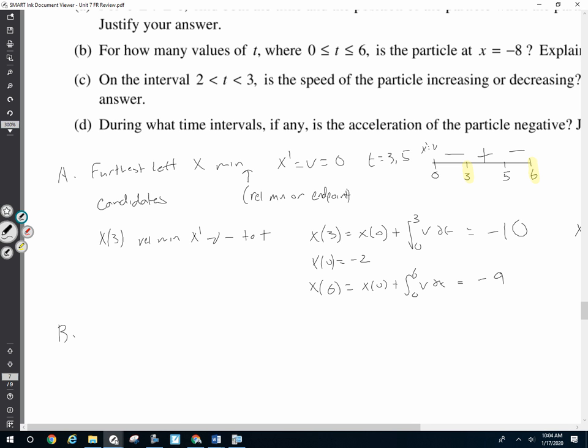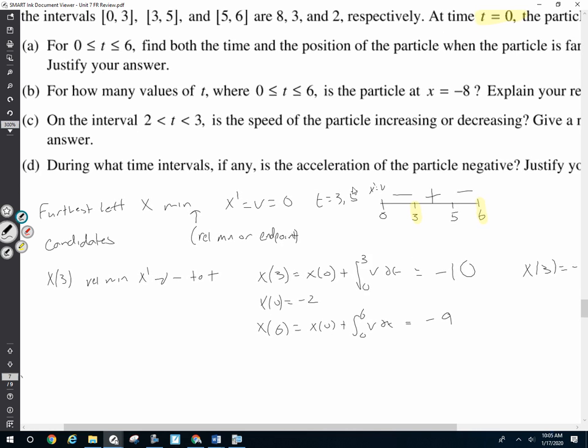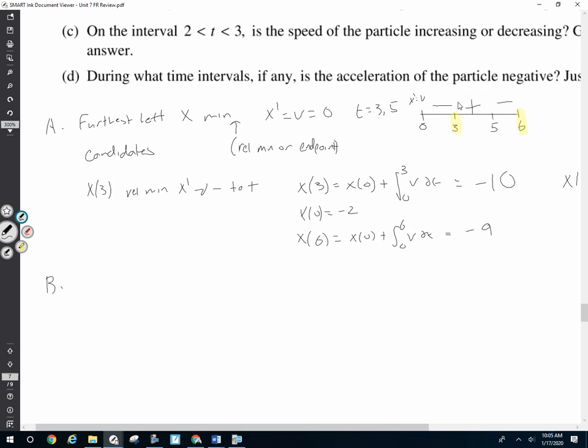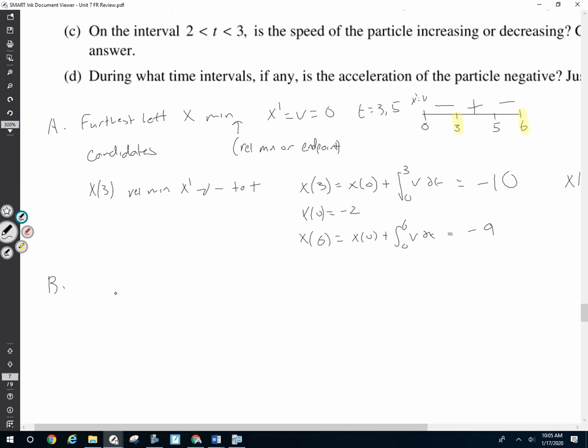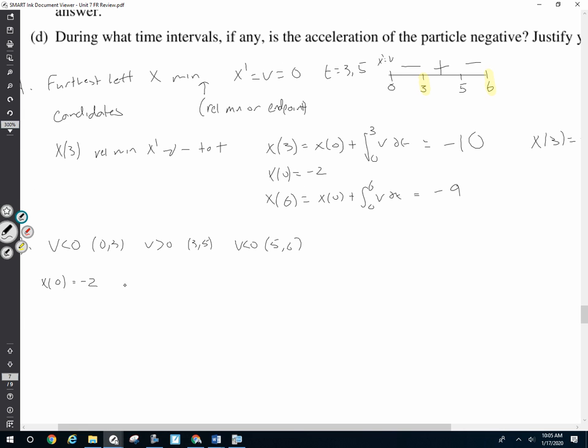Explanations for absolute maxes and mins are a little bit tricky. How many times is the particle at -8? Velocity is negative from 0 to 3, positive from 3 to 5, and then negative from 5 to 6. X of 0 is -2. X of 3 is -10.